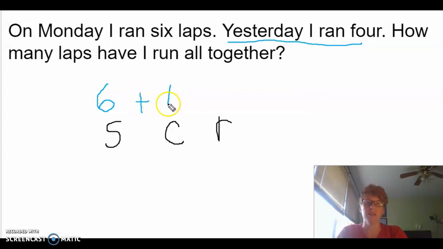So 6 plus 4. And then how many laps have I run all together? Equals L for laps. Now I'm using the uppercase L because if I just put a lowercase L, that looks a lot like 1. So that's why I use the uppercase L, just on a side note. So we started with 6 laps. We ran 4 more, and then that gave us L for laps. Start change result, and that is the equation for this one.